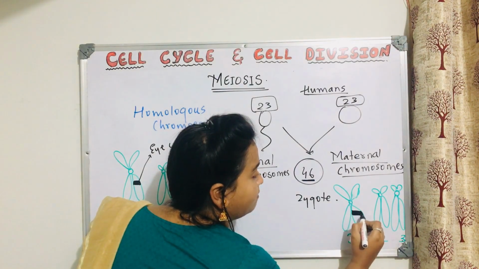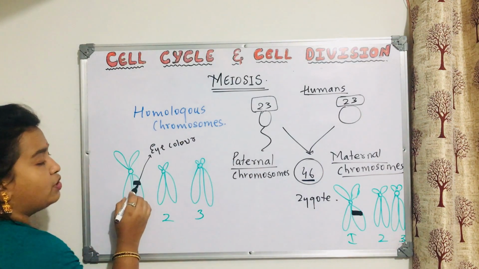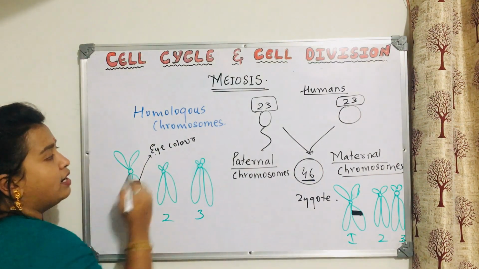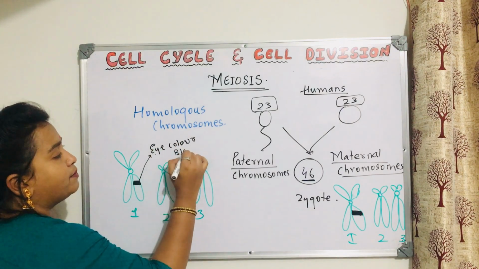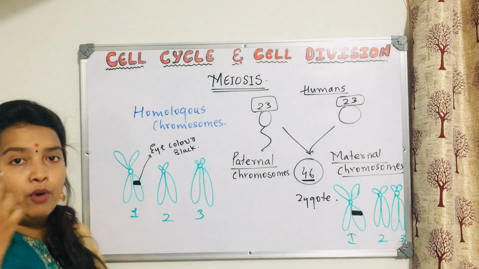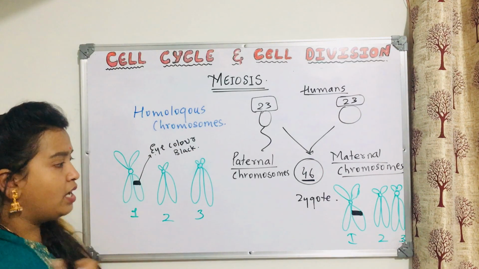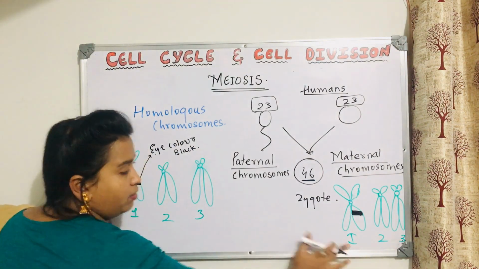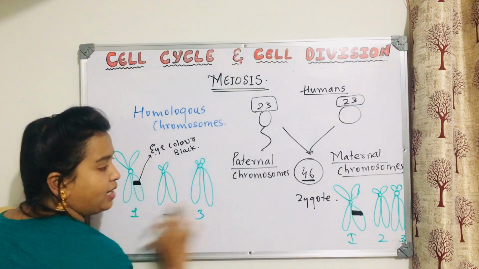This gene is coding for eye color, the eyeball color. It may be black. Then the partner of this chromosome is this one. Both are first chromosome, both are metacentric.